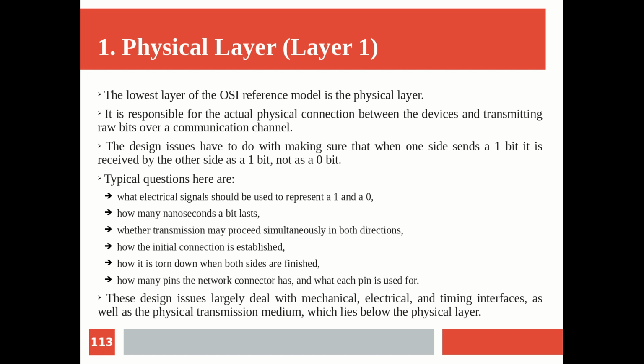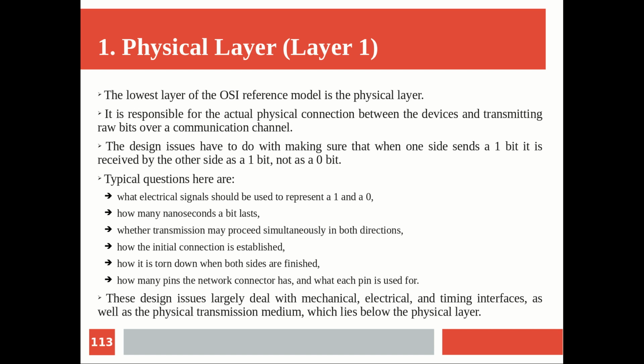Now these design issues largely deal with the mechanical, electrical and timing interfaces, as well as the physical transmission medium which lies below the physical layer. In the layering concept, we start from the physical layer itself, but below the physical layer we have the actual communication media, the wired or the wireless medium, and what kind of physical transmission media is used is going to affect all this decision making.